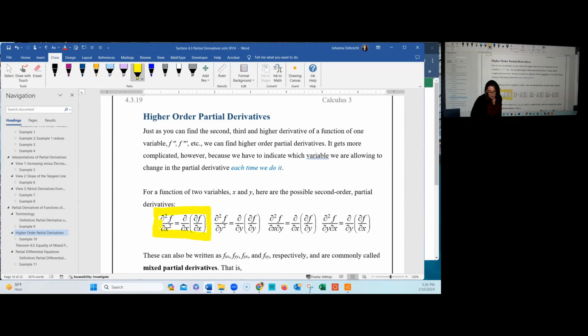In the second one, we have the second partial of the function f with respect to y both times. This represents the partial with respect to y of the first partial of f with respect to y.